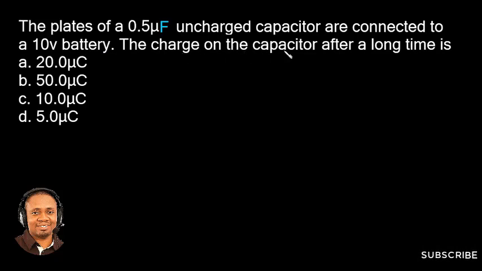The charge on the capacitor after a long time is... So there is a simple formula for solving this question, which is Q equals CV. The Q is charge in coulombs, while the C is the capacitance in farads. Then the V is the voltage in volts.